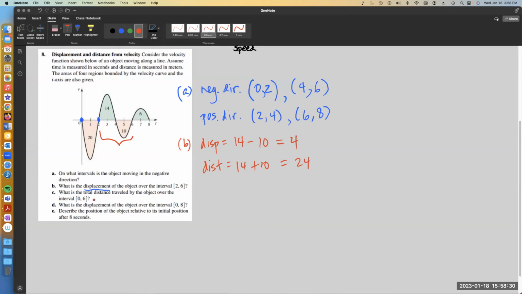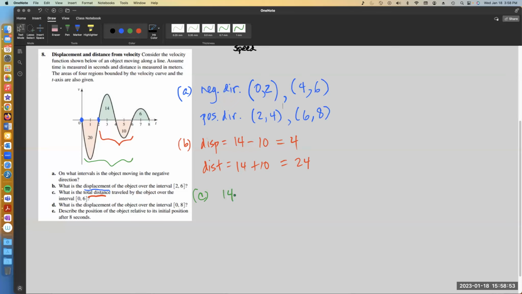Okay, C says, what is the total distance traveled over the interval 0 to 6? So now let's focus on 0 to 6. And part C is asking for the distance traveled on that interval. What do we think? 44. So distance traveled is going to be all absolute value stuff.